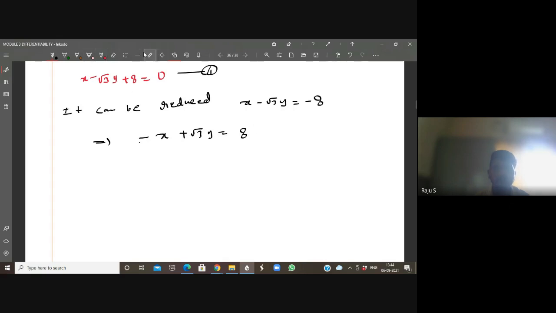Now you can compare the given equation with ax plus by equal to c. Right now, what I told you, you have to find root over a square plus b square.